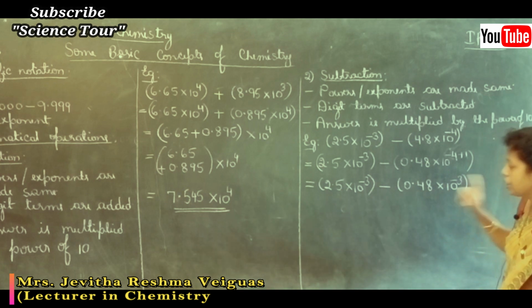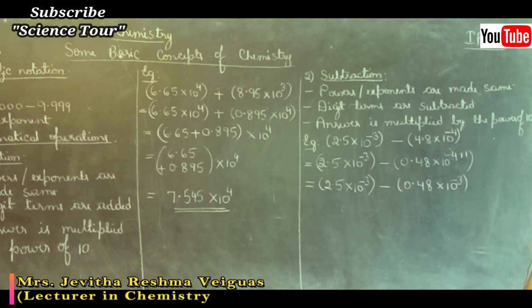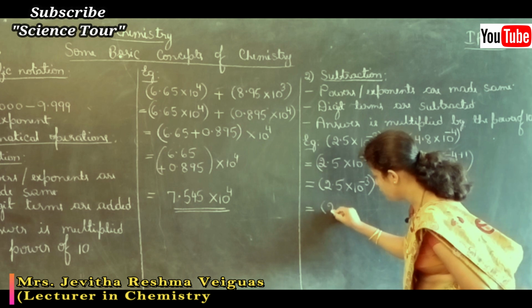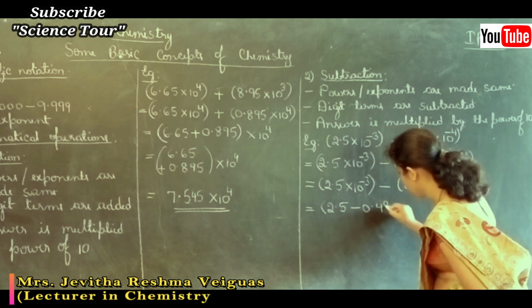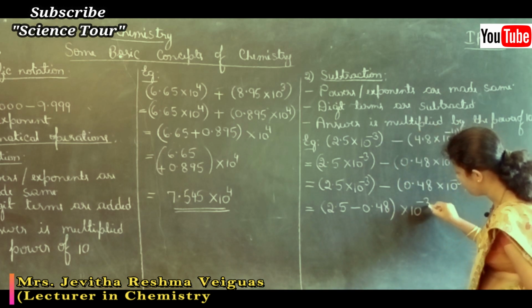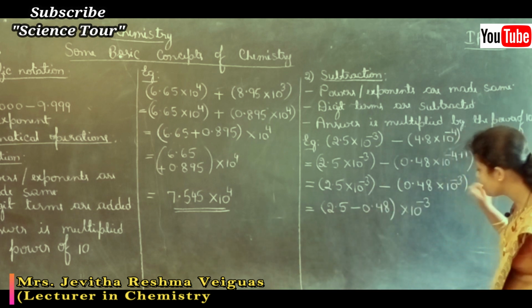Now look at both the terms. Powers are same, 10 to the power minus 3. So let me write it this way: 2.5 minus 0.48 into 10 to the power minus 3. I can write like this because here powers are same.